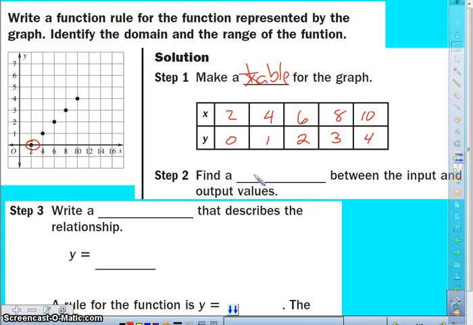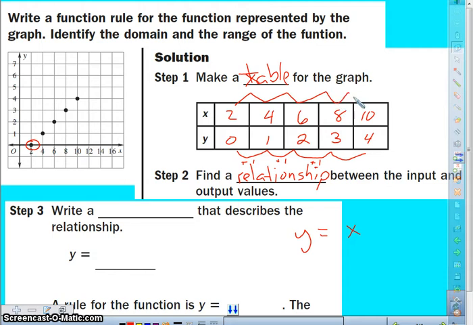We're going to find a relationship between the input and the output. One of the things I do is look at the change, and you see how it's plus 1, plus 1, plus 1. But you also need to look at the change for the x.